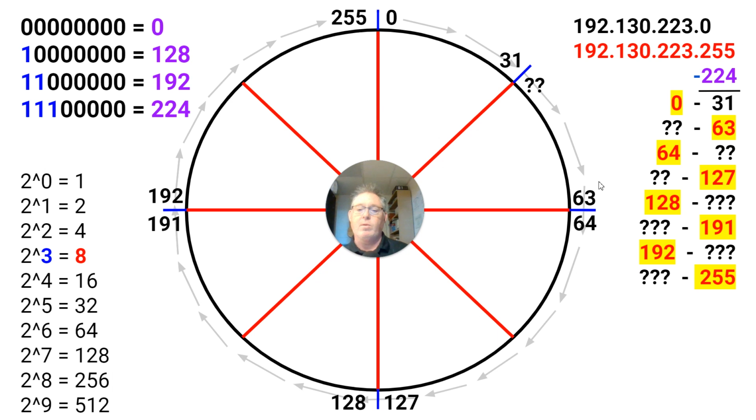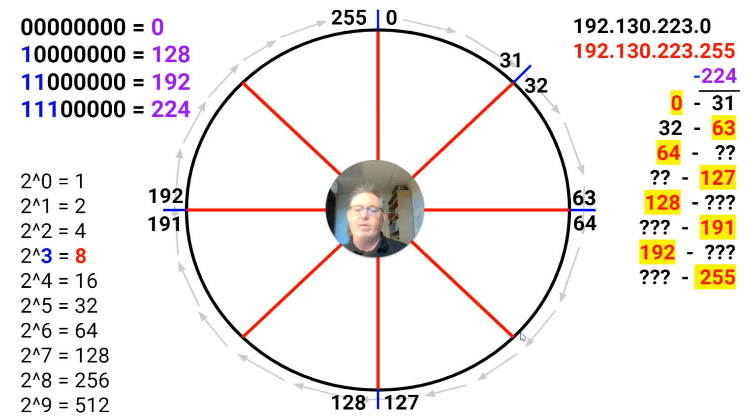Then we have some number, and then it's going to stop at 63. We already know a lot of these numbers because we've already worked it out in the other example, and those will not ever change. So to figure this out, the next number above 31 is simply 32. That's easy. We already know it's going to stop at 63. The next range begins at 64 because it's already right here.